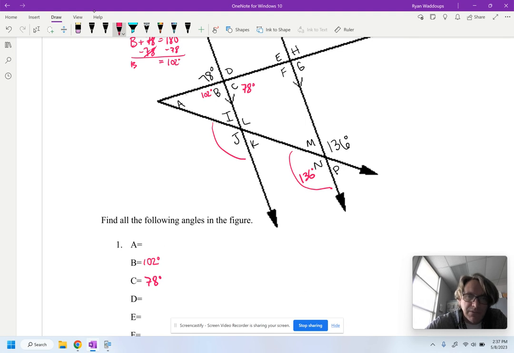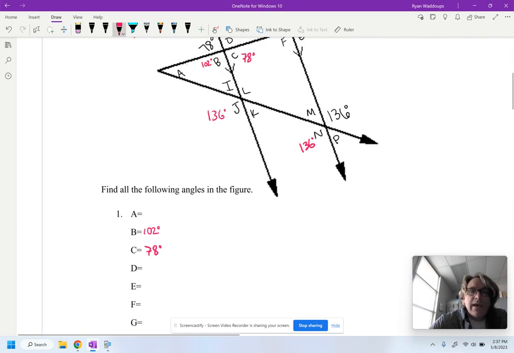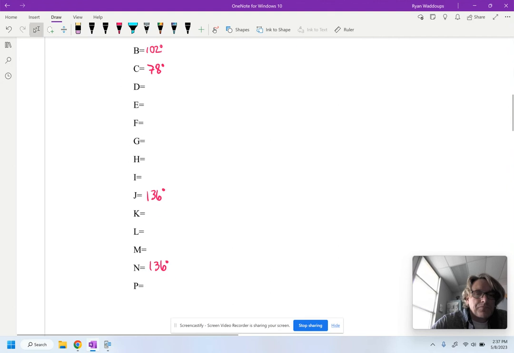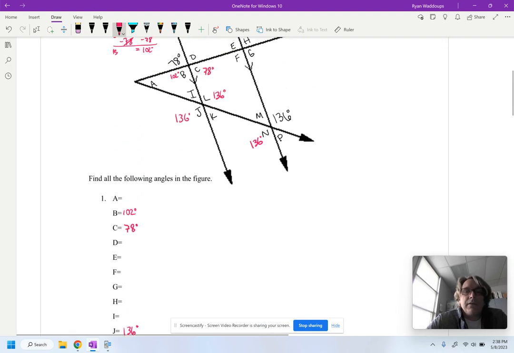They correspond in their position, which means they're congruent for these parallel lines. So J is also 136 degrees. And L is 136 degrees.